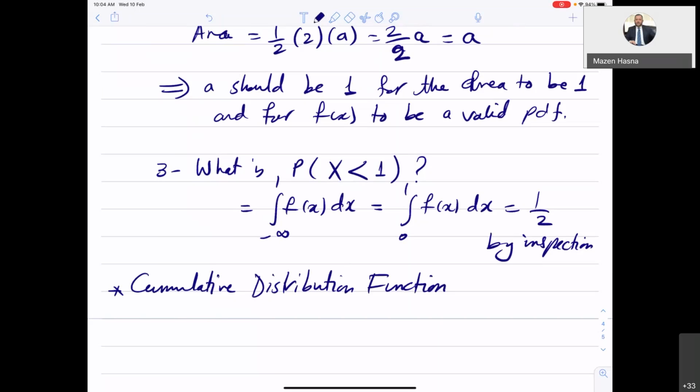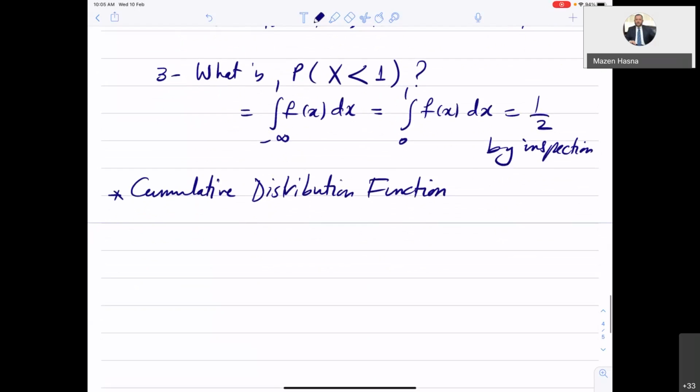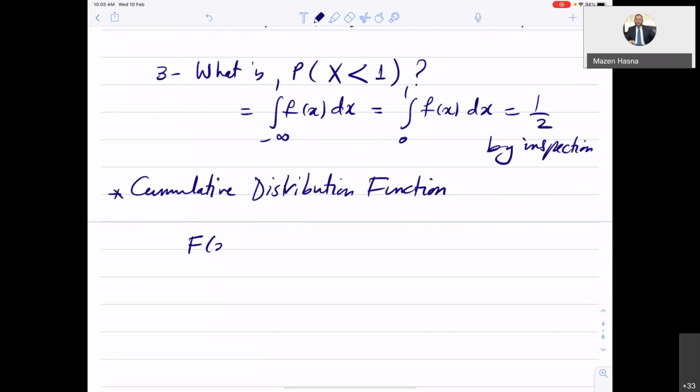Okay, sorry. So capital F of x is defined for continuous random variables the same way. It's the probability that x is less than or equal to x. So there is no difference in the exact definition of the capital F of x.